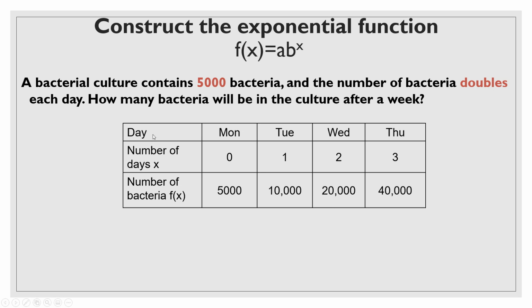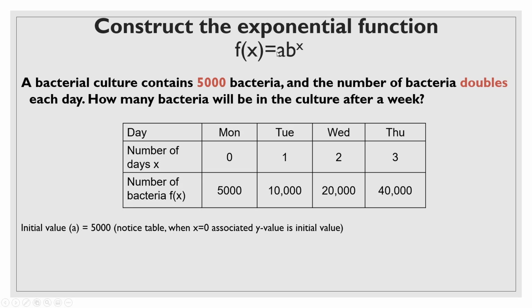Now we are going to construct the exponential function of this situation. Our a is actually the initial number of bacteria. Notice in the table, when x is equal to 0, the associated y value is the initial value.